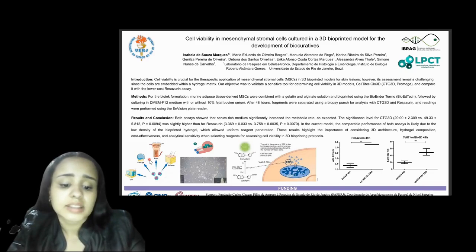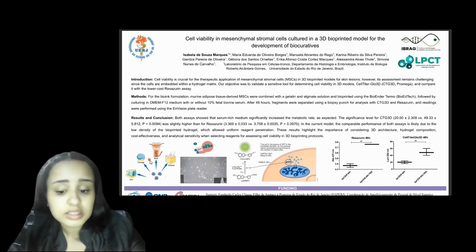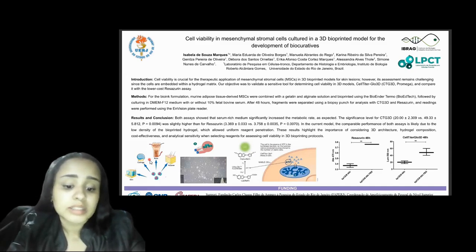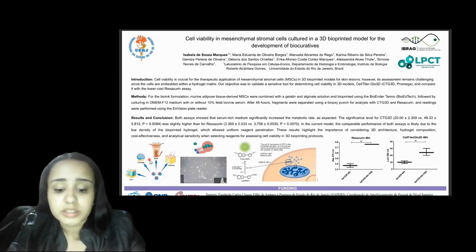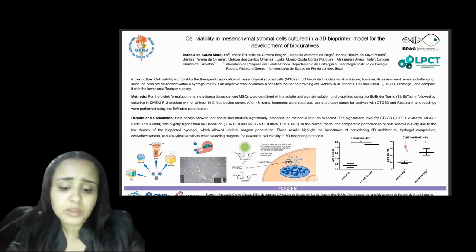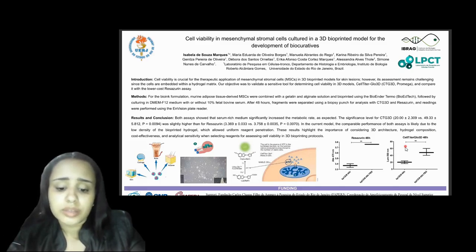However, assessing cell viability in this three-dimensional context is a challenge as the cells are incorporated into a hydrogel matrix. With this in mind, the aim was to validate the CellTiter-Glo 3D cell viability assay, and compare it with the resazurin assay.